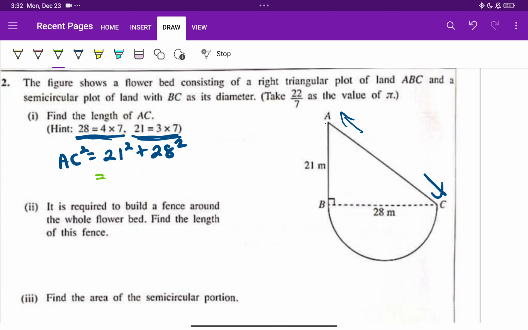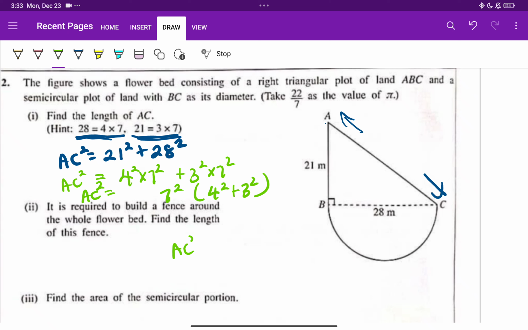Now I'm going to take this as 4 times 7 squared, so 4 squared times 7 squared plus 3 squared times 7 squared, that is AC squared. Now I can factor out 7 squared from both sides, so we'll end up with 4 squared plus 3 squared.